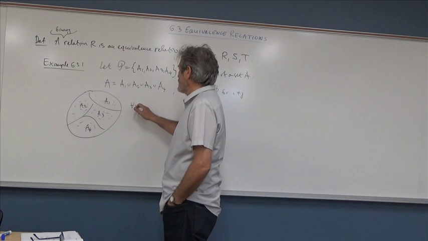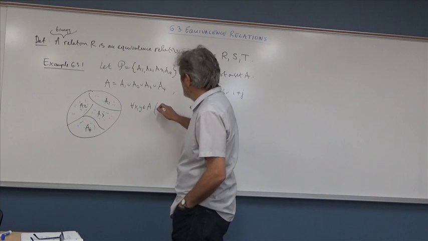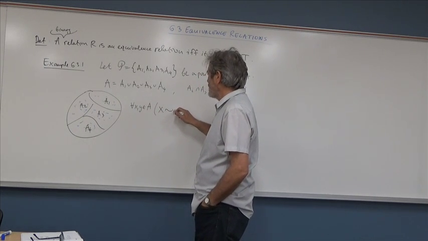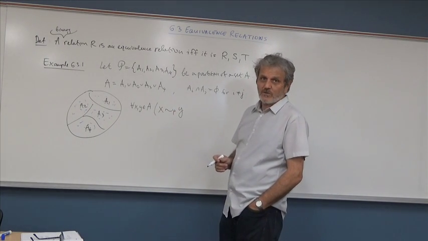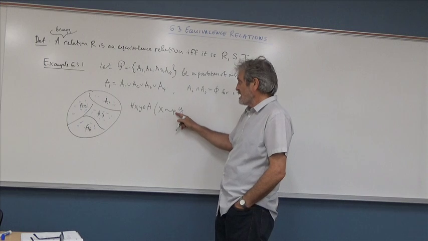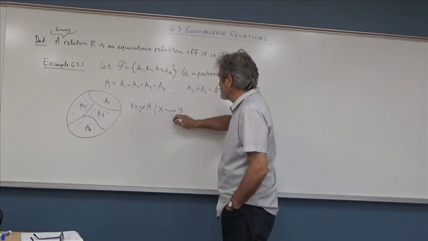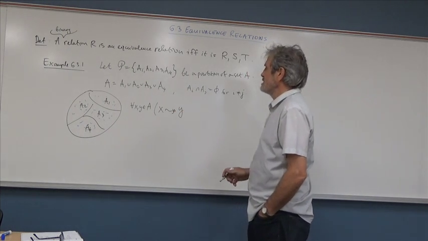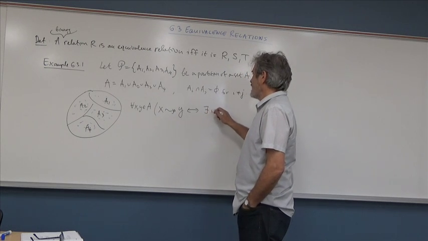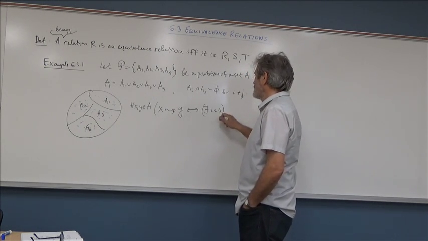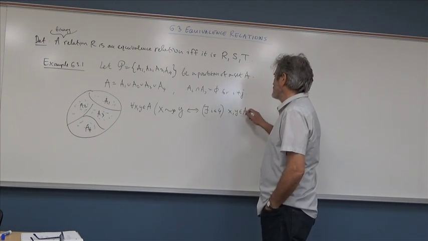For every x and y in A, we'll say that x tilde_P y. Tilde is a symbol very often used for equivalence relations, and the index P means it's designed using the partition script P, if and only if there exists i less than or equal to 4 such that x, y belong to Ai.